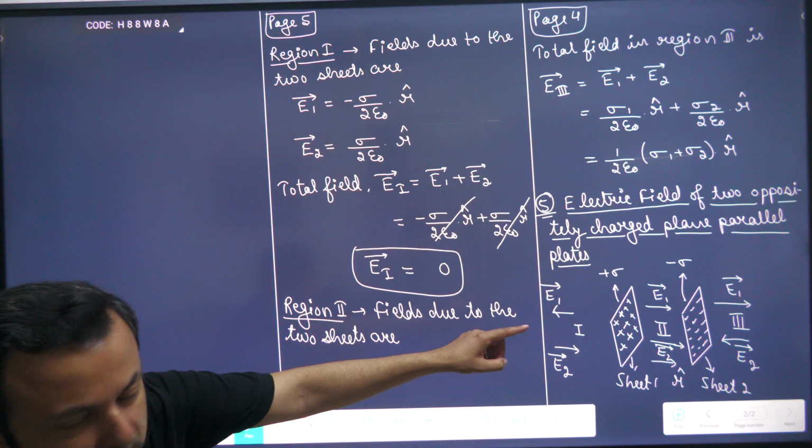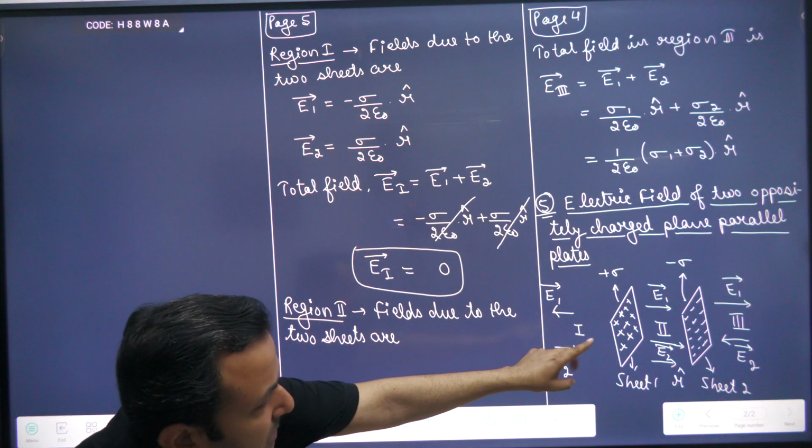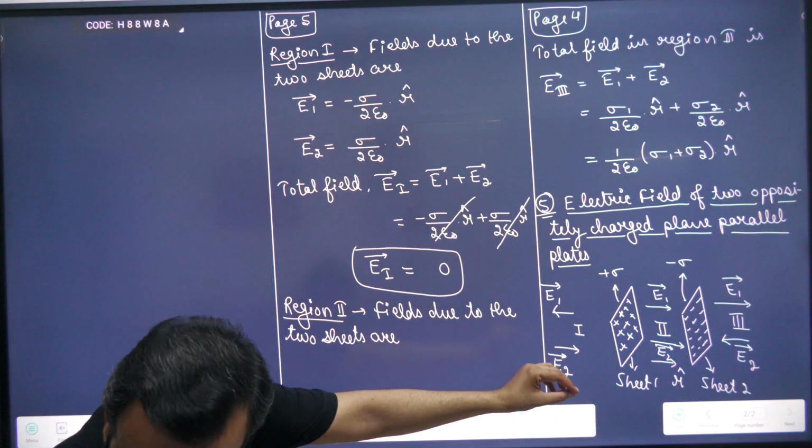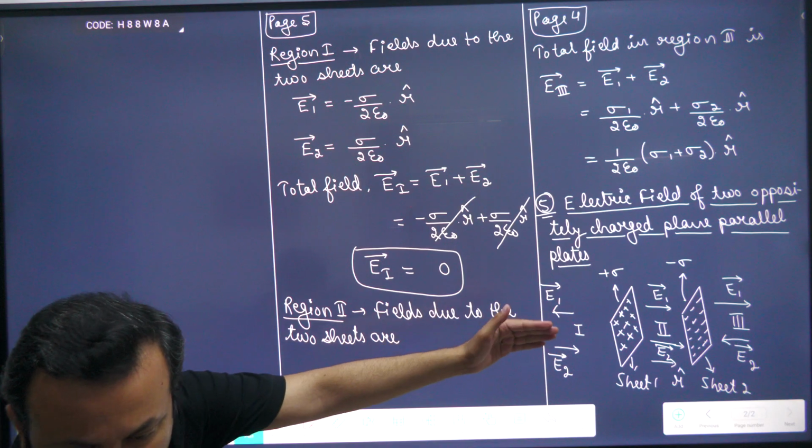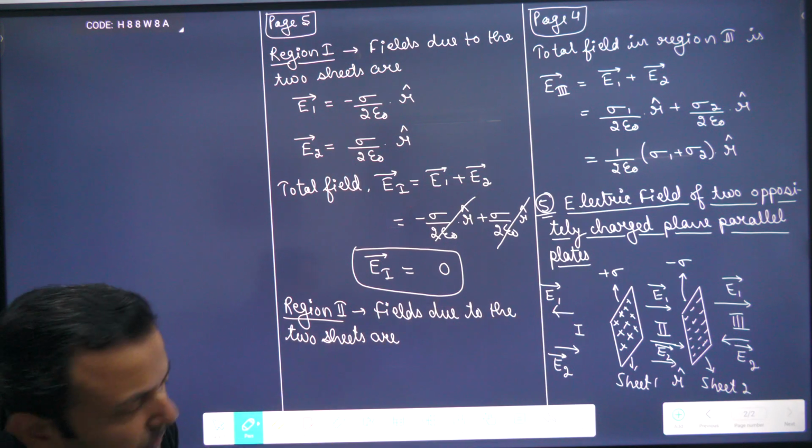Now the direction of both the fields in region second. Region second means the region in between the two plates. So E1 vector is from left to right and E2 vector is also from left to right.